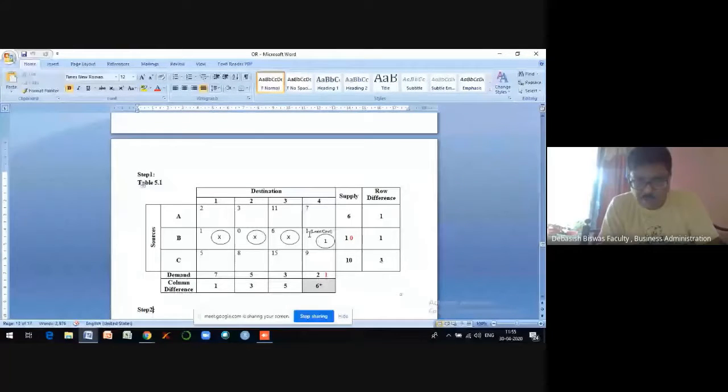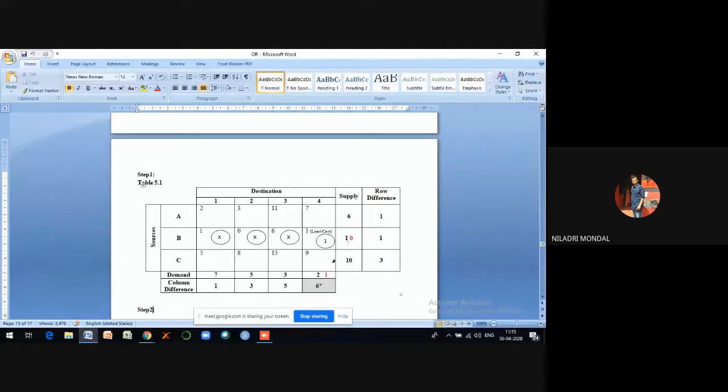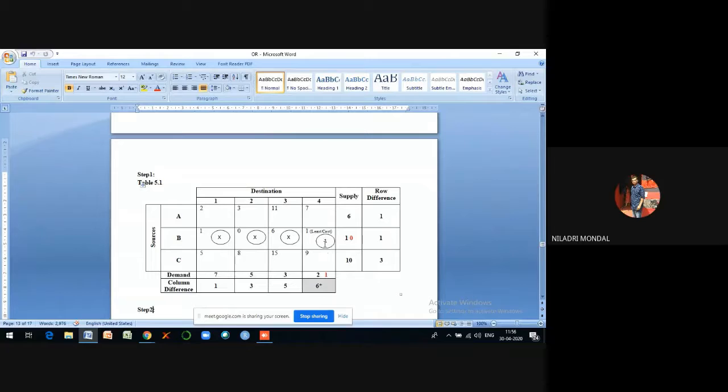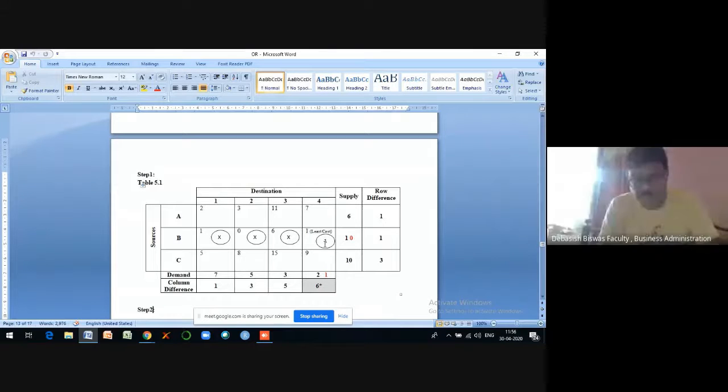That's why we have identified this particular cell. And when we have identified this cell, we have to compare the supply with the demand. Here the supply is 1 and the demand is 2. So maximum we can allocate 1, right? Are you getting my point?